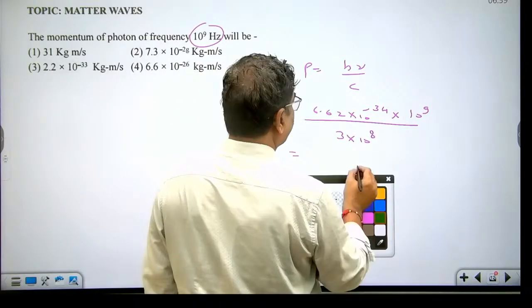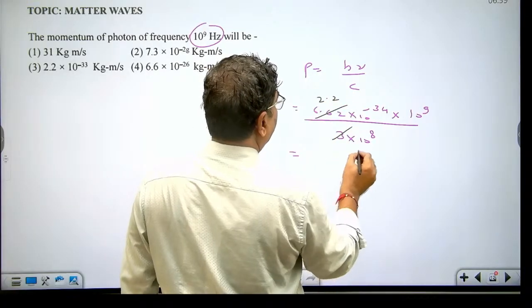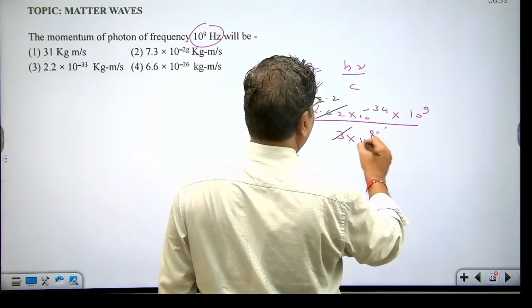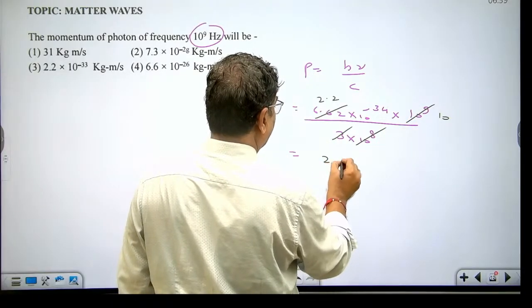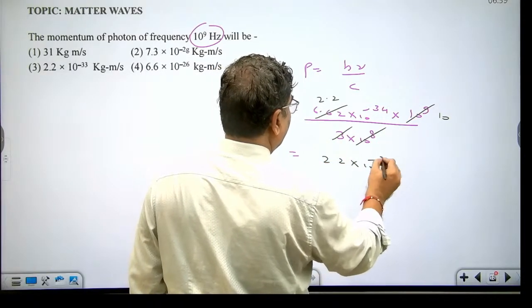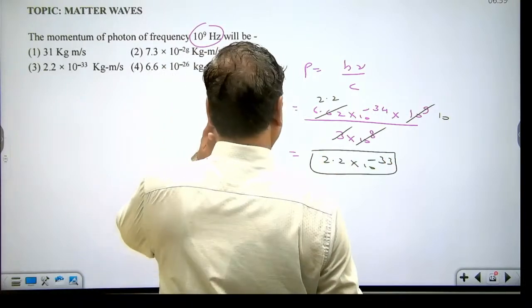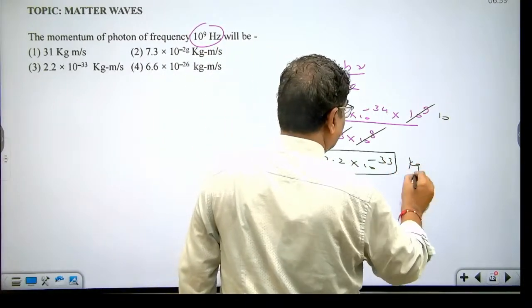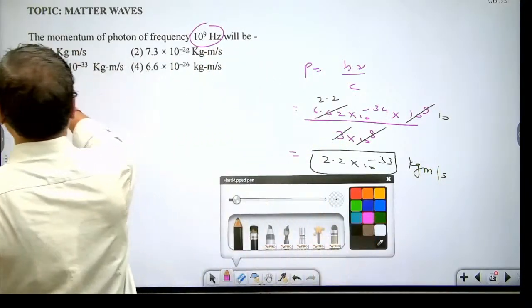After solving this equation, we will get 2.2, 10 power minus 8 times 10 power 9 means 10. So this is 10 power minus 33. This is the answer, in kilogram meter per second. Out of 4 choices, the correct choice is option 3.